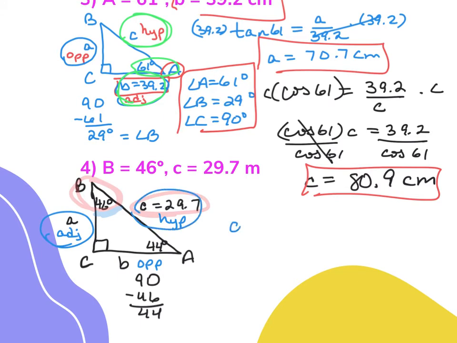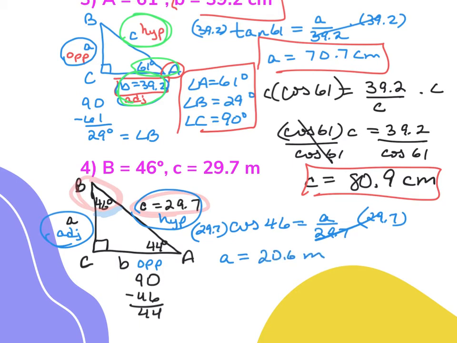And that's cosine. So cosine of 46 degrees is equal to adjacent over hypotenuse. I'm going to multiply both sides by 29.7. And now little a is equal to 29.7 times the cosine of 46, which gives me 20.6 meters.